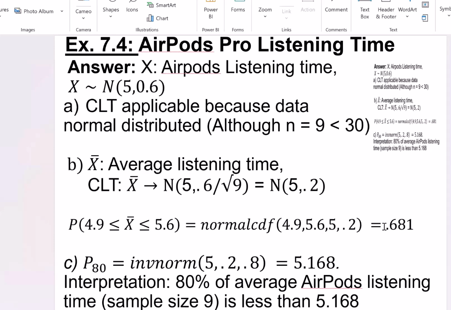If you plug it into your TI calculator, this is what you get: 0.681. So the probability that the mean listening time of a sample of size 9 belongs to 4.9 to 5.6 is 0.681.